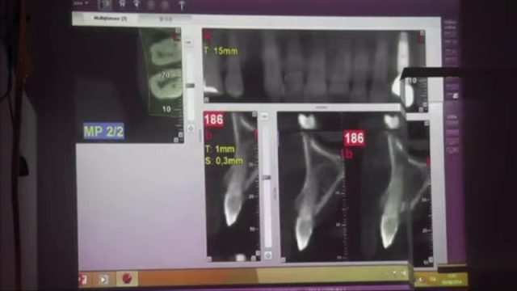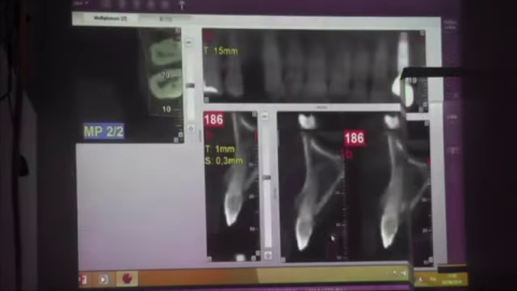I have the possibility to insert the implant. Like in this case, I choose the implant. Okay, now I insert the implant, I want to control.